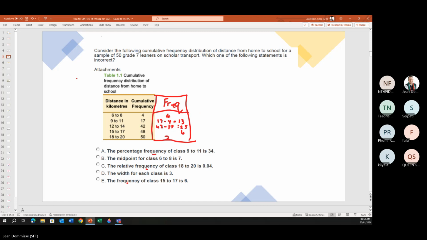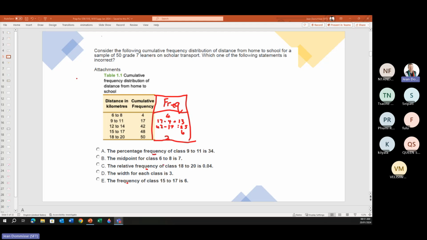Again, we know the timing of the exam, you don't have a lot of time. So I would rather just look at the basic one I need to add, and then the other ones I will work out as the questions come up.